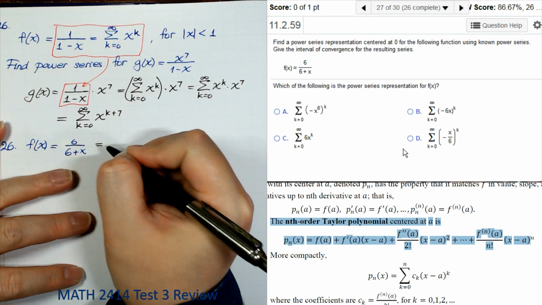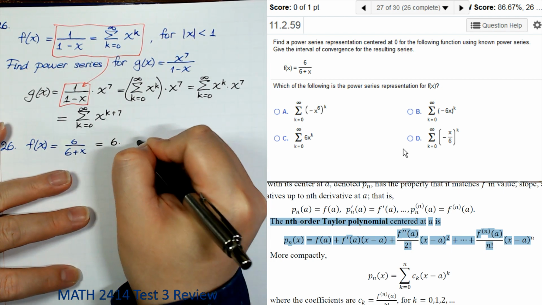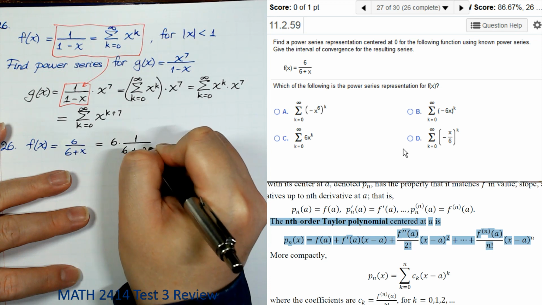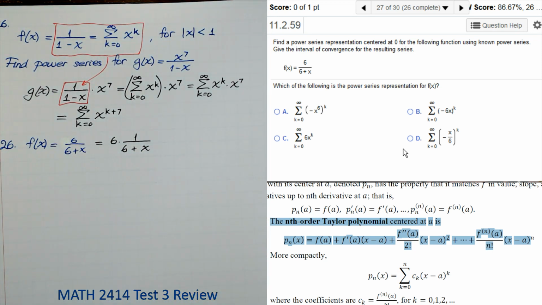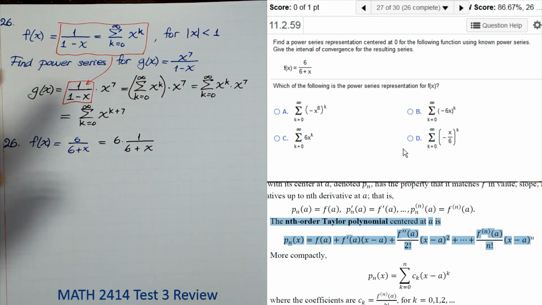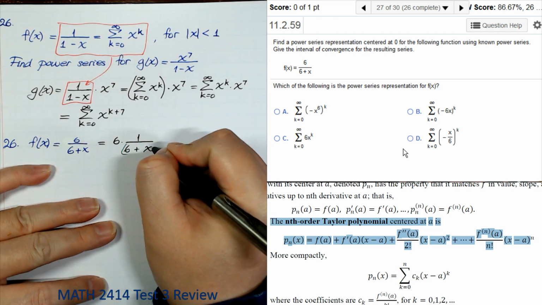So first, let's move the 6 in the front. Why not? That's good, right? Now we just need to turn that into 1. How to do that?